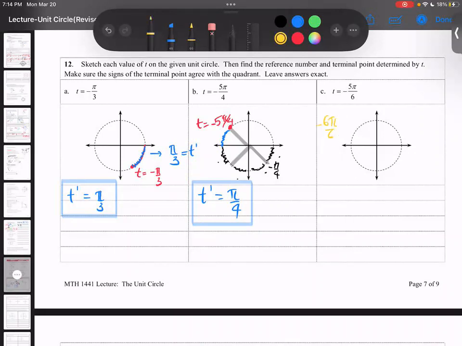Negative 6 pi over 6 is the same thing as negative pi, which is this distance right here. So negative 5 pi over 6 is slightly less than that. If you divide this half circle into 6 equal parts, so negative 5 pi over 6, maybe roughly there. T equals negative 5 pi over 6. Does that make sense? That's how I do it.